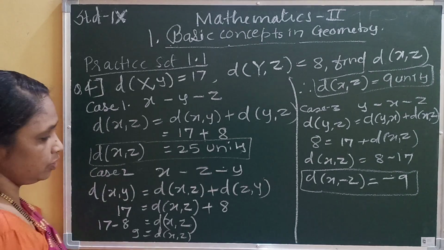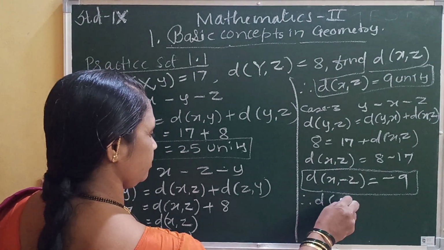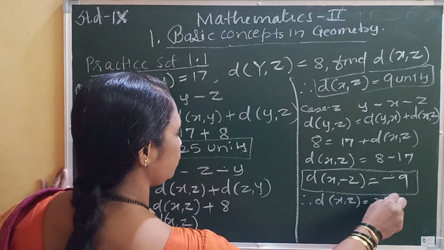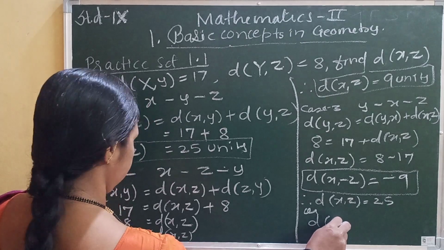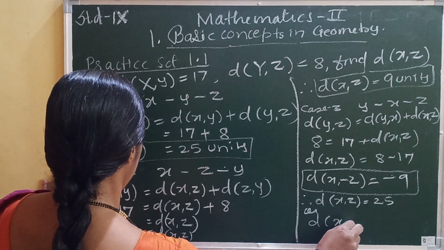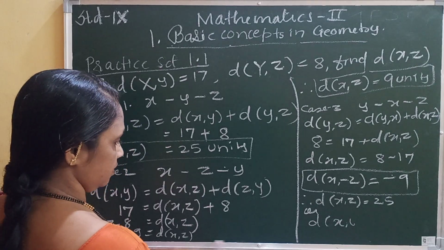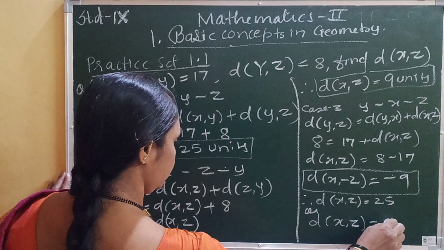Therefore, at last we have to write: the distance XZ is equal to 25 or the distance XZ is equal to 9.